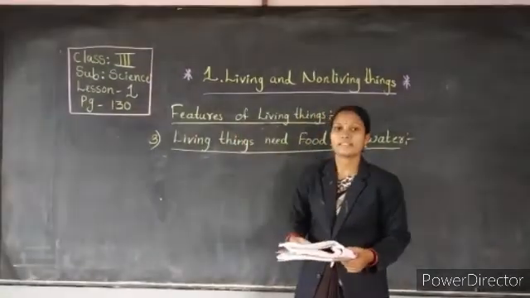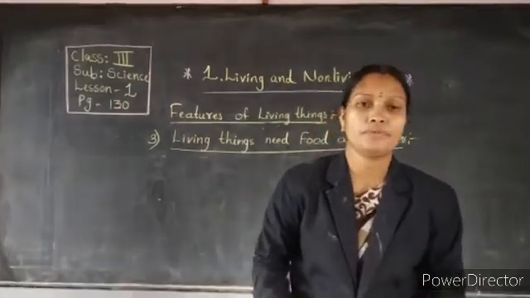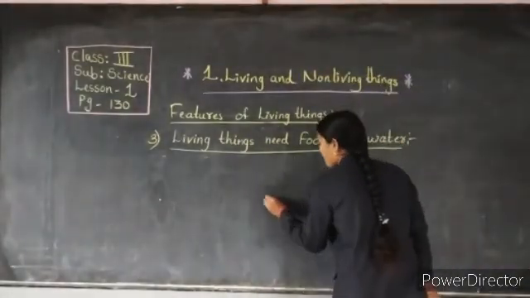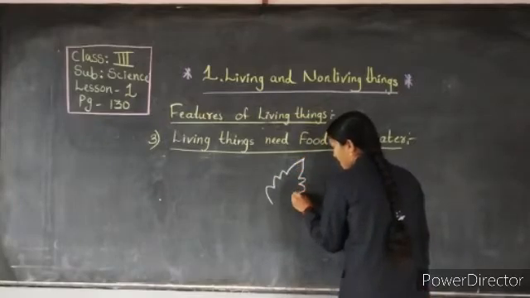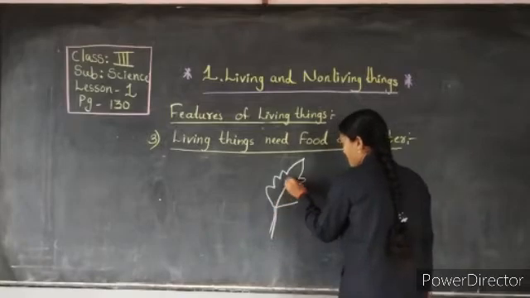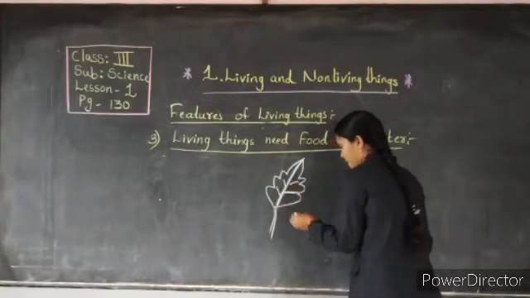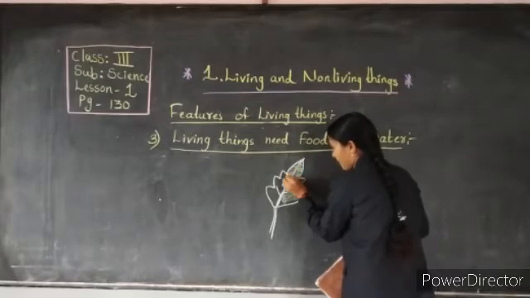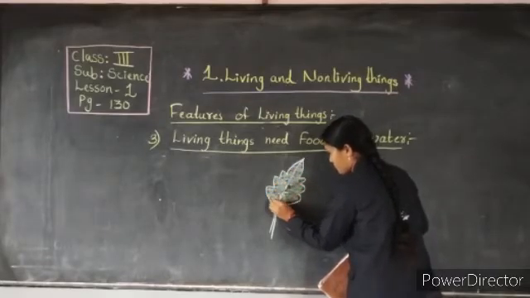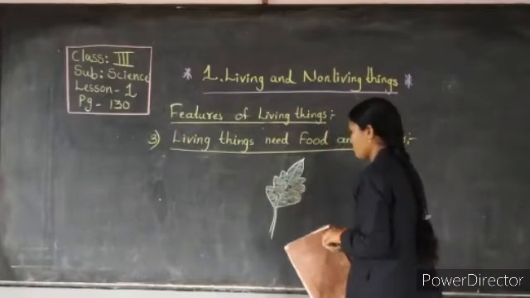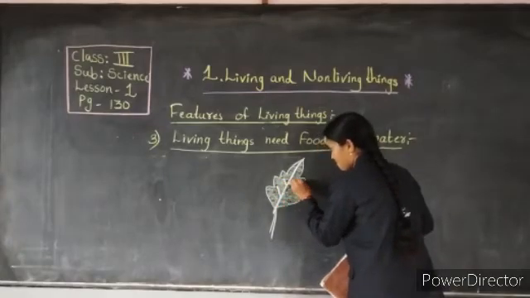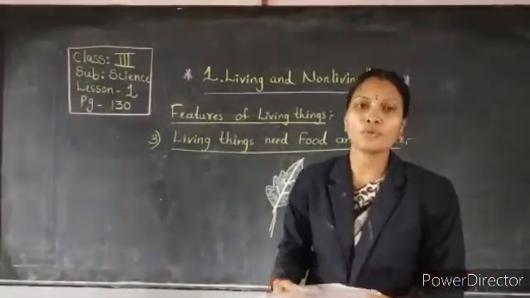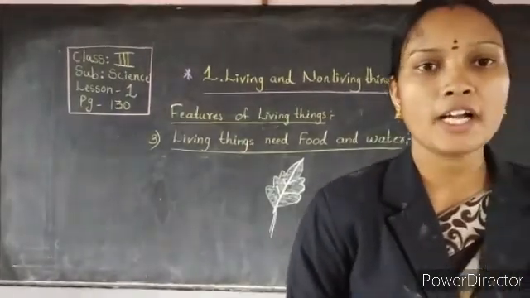And plants make their own food. Green plants have a green pigment called, pigment means what?